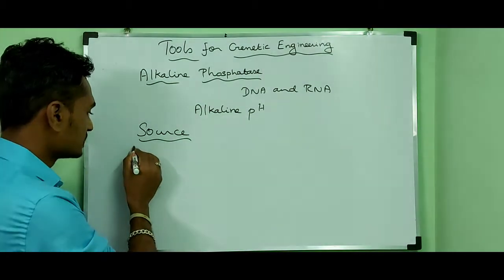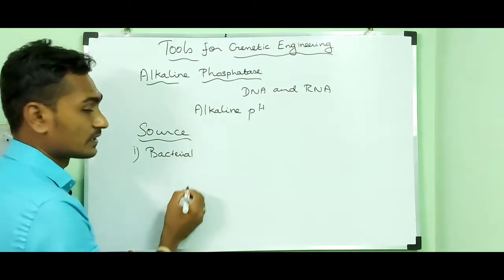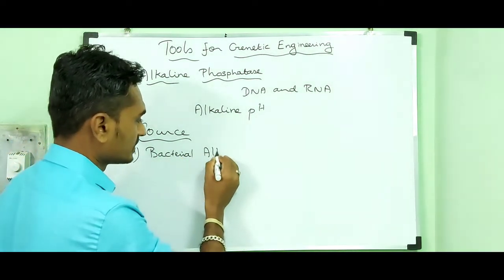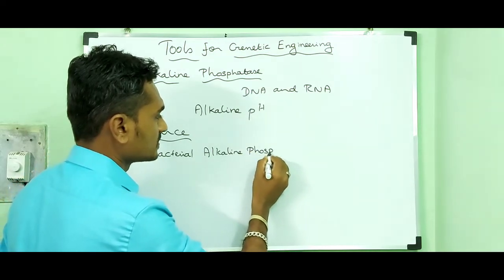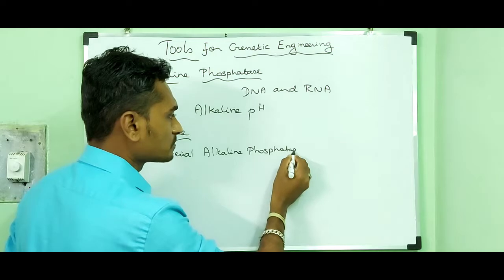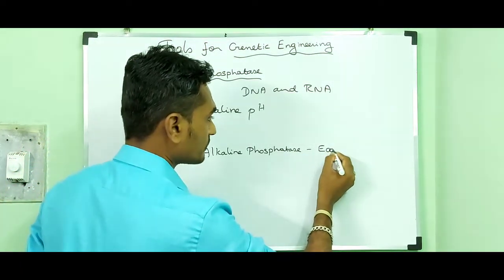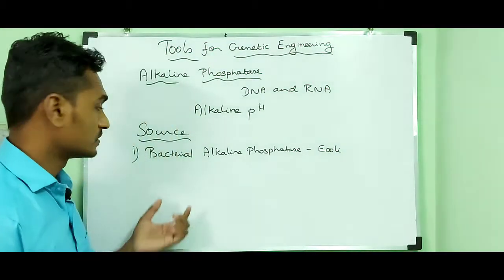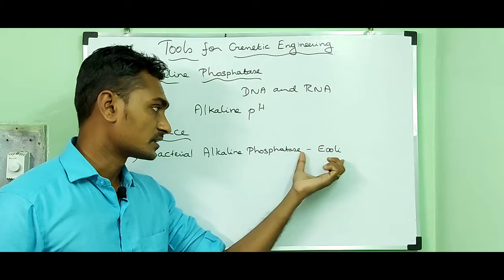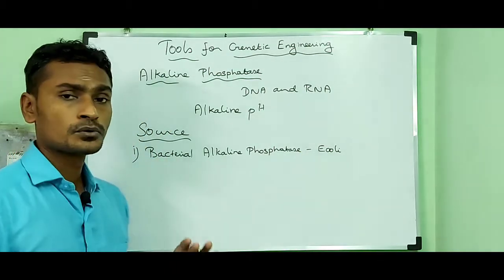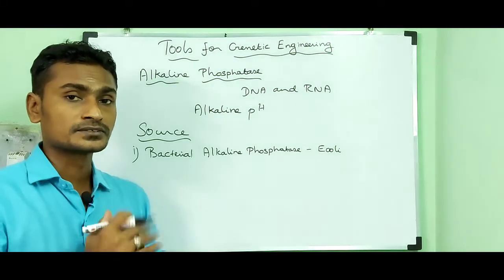The first source is the bacterial alkaline phosphatase enzyme. That means that alkaline phosphatase enzyme is derived from the bacteria E. coli. So the bacterial alkaline phosphatase enzyme is derived from E. coli, and this enzyme is very active.